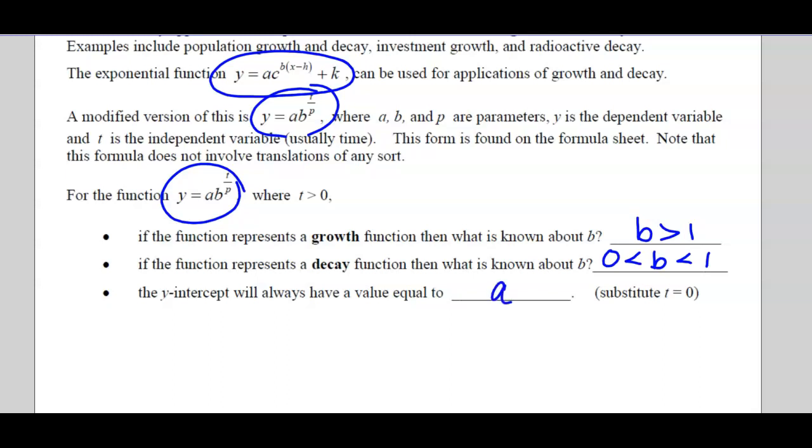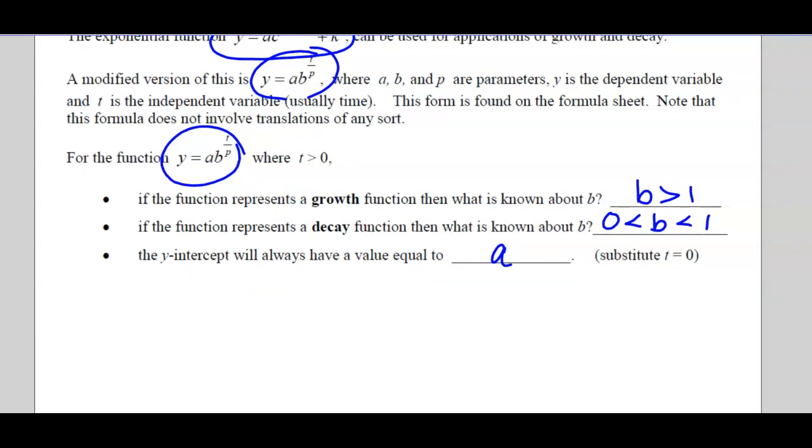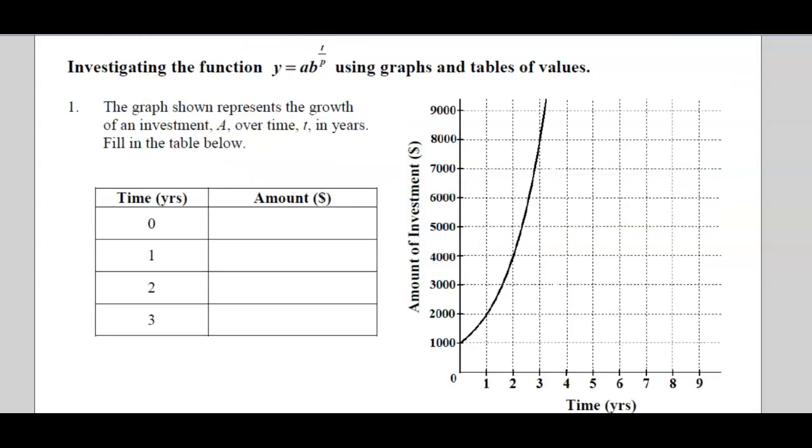And so that y-intercept is really the initial value at time 0. It's how much you have, whether it's a mass of something or the number of items or the population or the amount of money, that kind of thing.